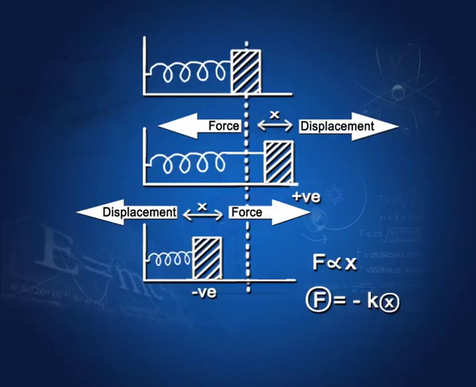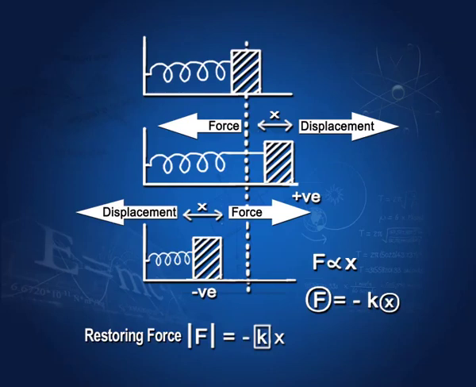Because they are in different directions, as I just showed you with the arrows, this negative sign becomes very, very important. The magnitude of restoring force remains equal to kx, but because the direction has to be accounted for, you put this minus sign in order to make this equation a little more usable.